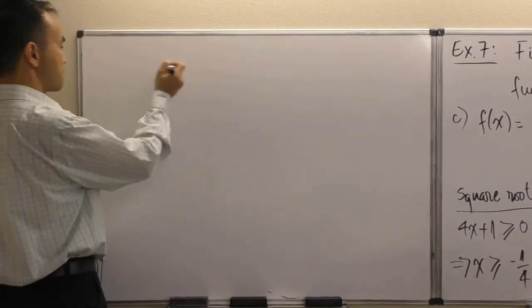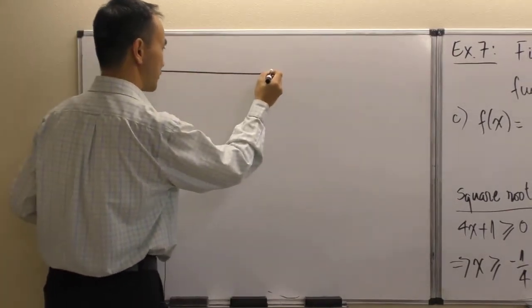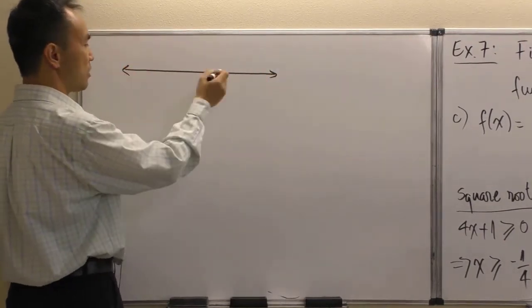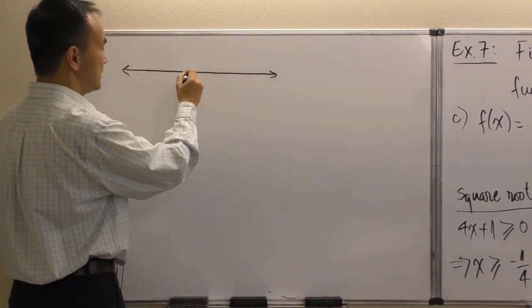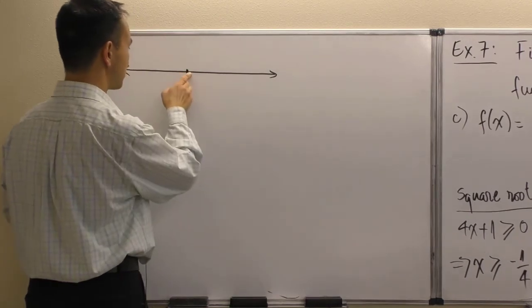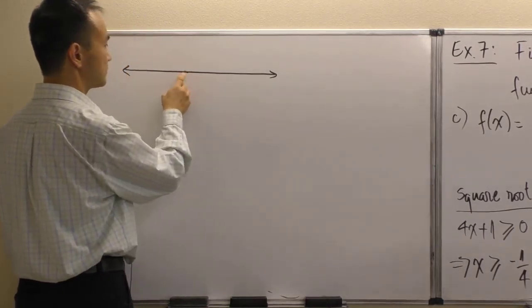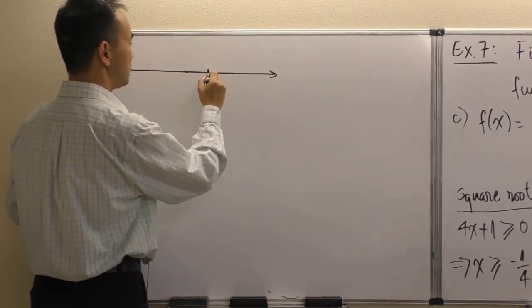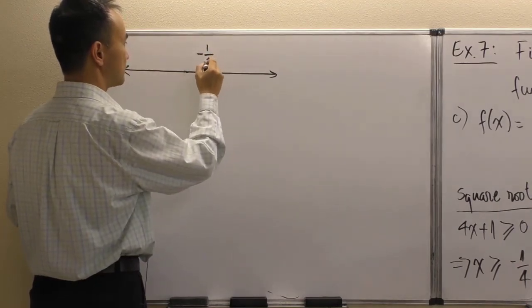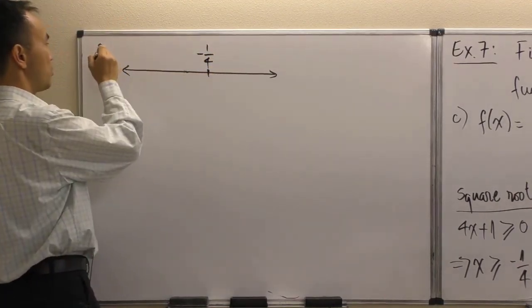Okay, so for the square roots, that requirement says negative -1/4 is about here. So this is for the square roots.